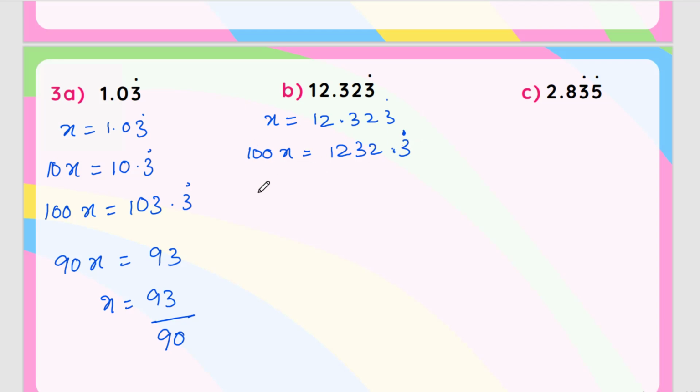Only one. So you multiply with 1 zero, that is 1000x equal to 12323.3 repeating. Now you are going to subtract 1000x minus 100x. Why 1000x minus 100x? Because in these two cases only we have the same digits after the decimal point.